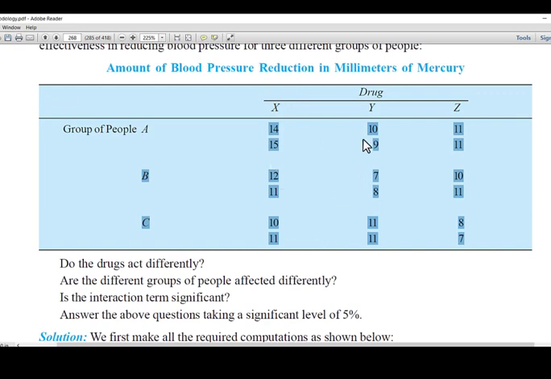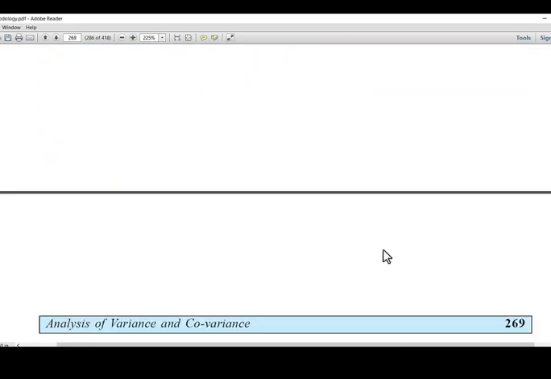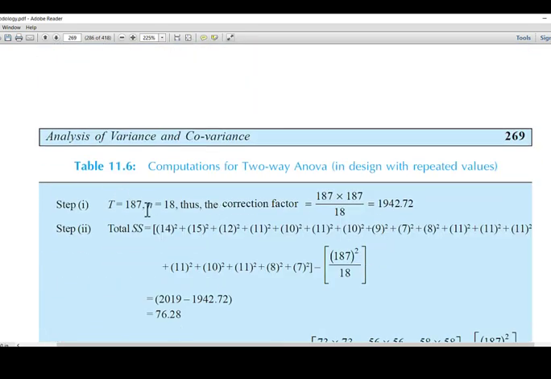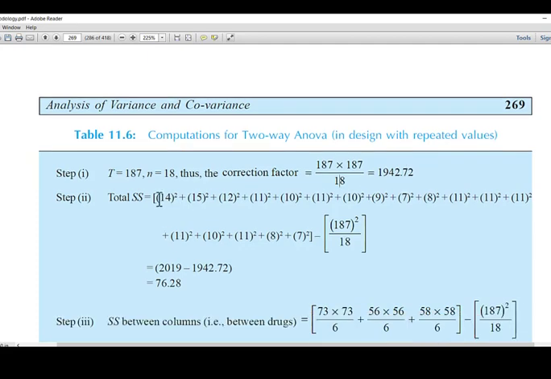Total 18, here 6, 6, 6. So N equals 18 and T is 187. So that's the correction factor, T squared by N, which is now calculated as 1942.72.